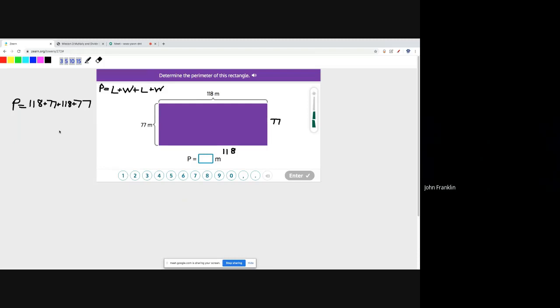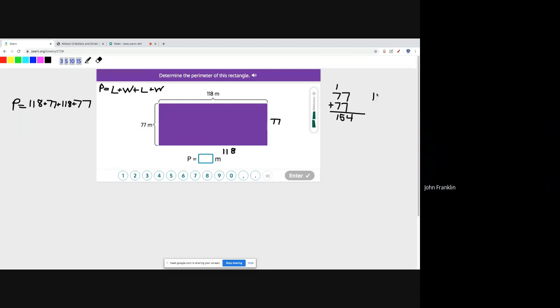Let's start working with these numbers. Let's do the low ones together first. 77 plus 77 is 154. It's one of our numbers.